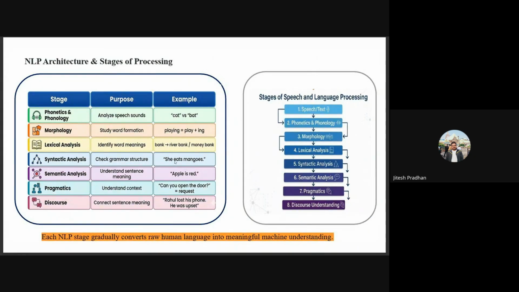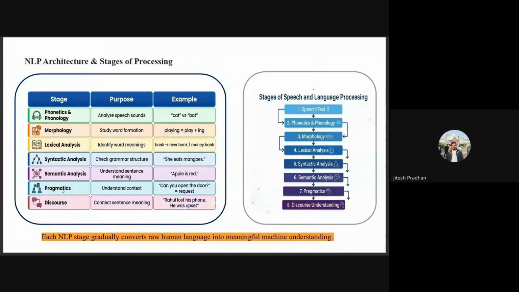Now semantic analysis understands the meaning of the sentence. Now "apple is red", again here there is an ambiguity. Let's say "apple is very popular." Now that apple can be the apple brand or it can be a fruit. So we have to deal with this.